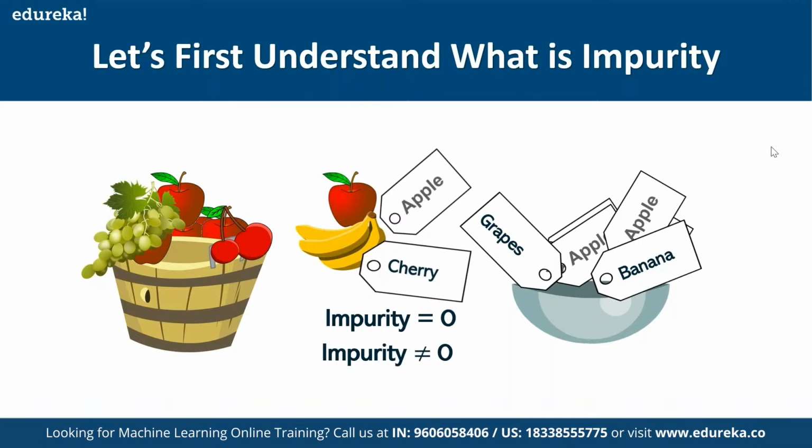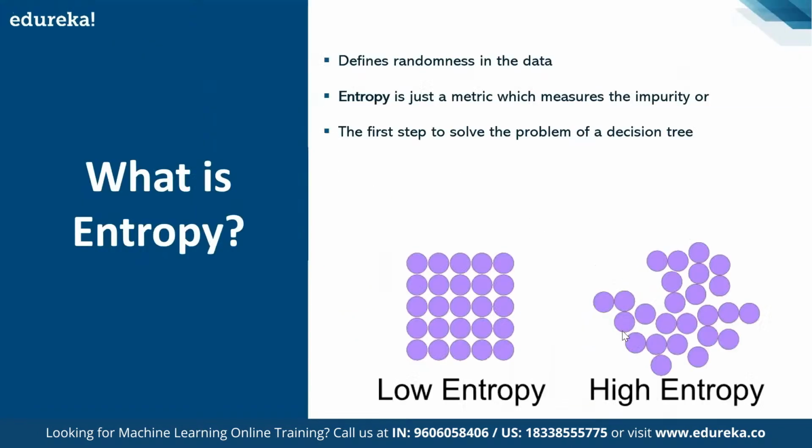In this case, the impurity cannot be equal to zero, because there are chances of misclassification. This is a very important concept. When you have a perfect set, misclassification will not happen, but if you have multiple labels with multiple fruits, the impurity will not be equal to 0. This is associated with a term called entropy.